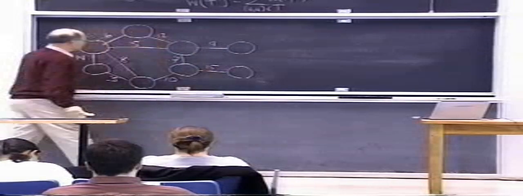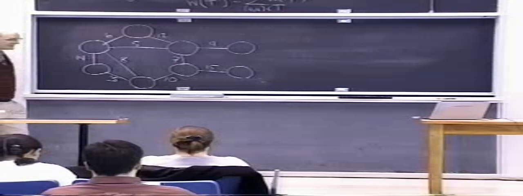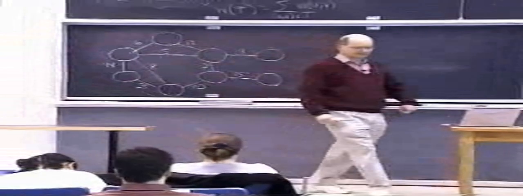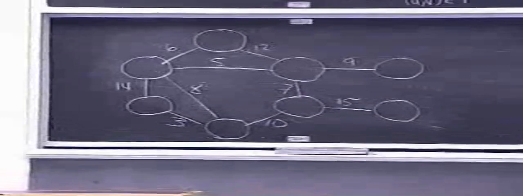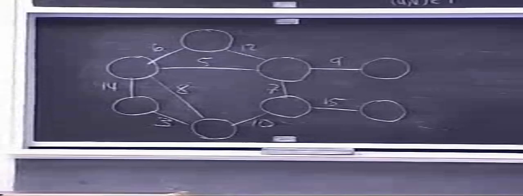So how about, did I get them all? I think that's right. Okay, so today I brought the blue chalk so that we can now figure out what is a minimum spanning tree for this graph.